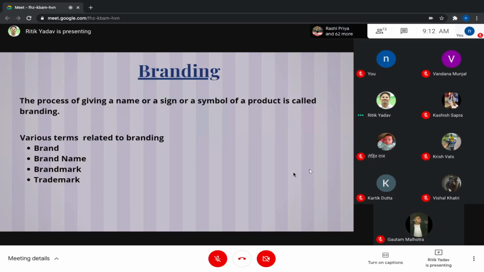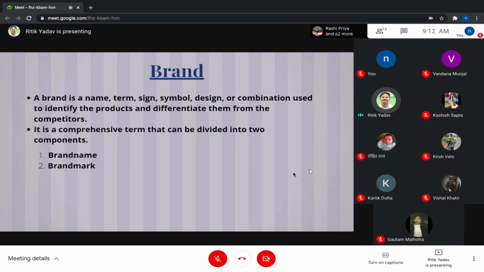First we will discuss brand. A brand is a name, term, sign, symbol, design, or combination of these which is used to identify the product and also differentiate it from competitors. It is a comprehensive term which can be divided into two components: brand name and brand mark or trademark.